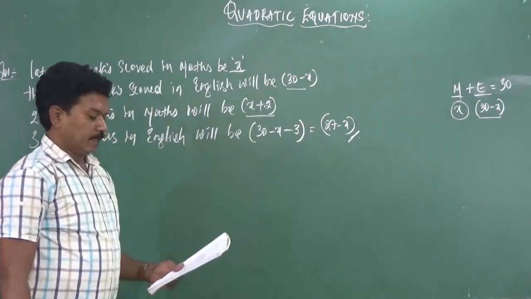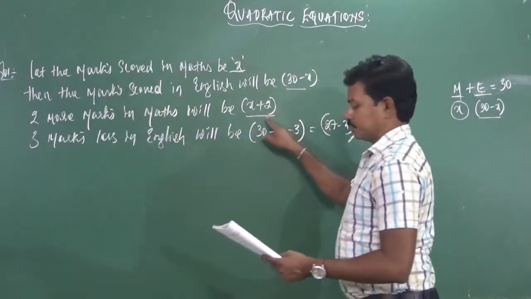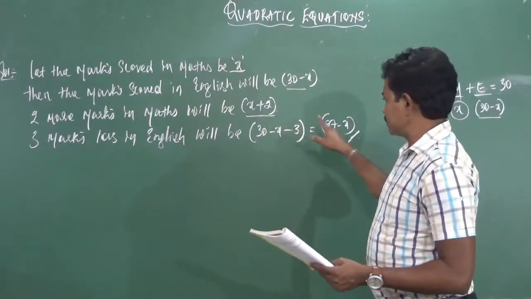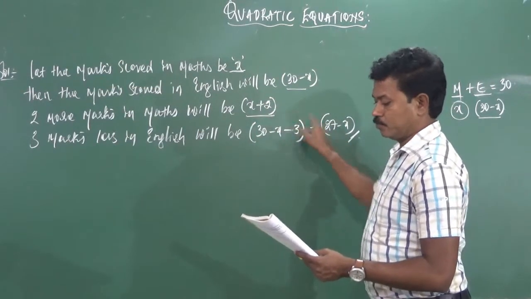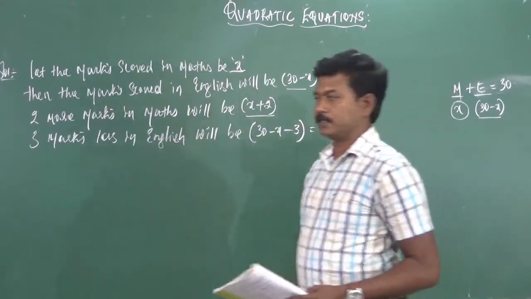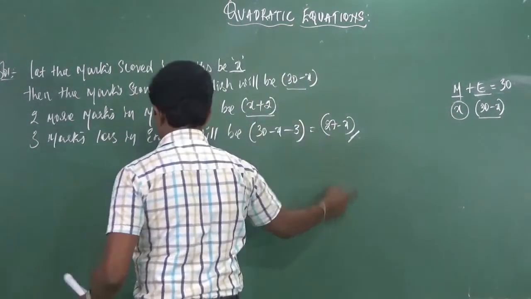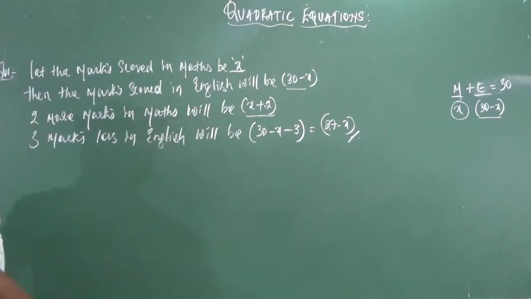Now, had she got 2 marks more in mathematics and 3 marks less in English, the product of their marks would have been 210. So if you multiply this by this, the product of the marks would have been 210. That is the condition.